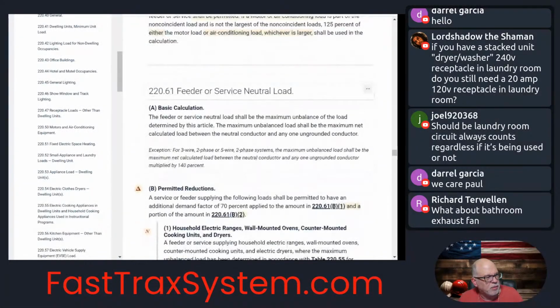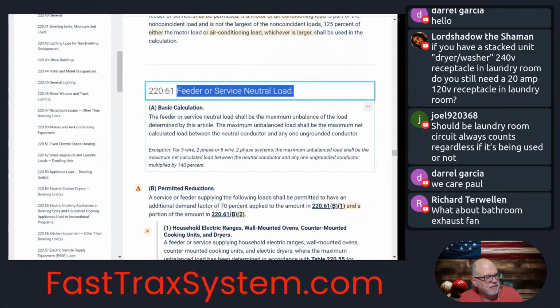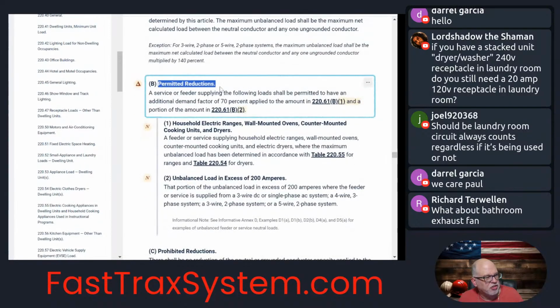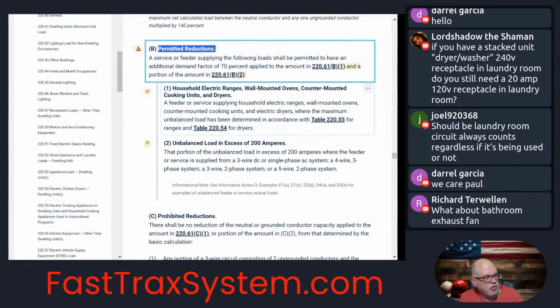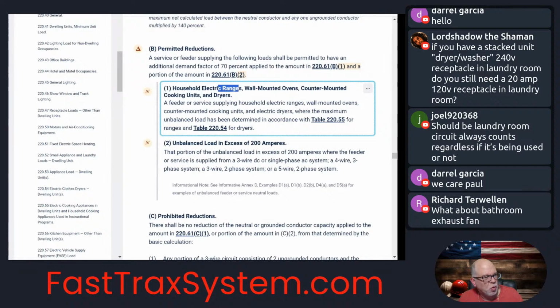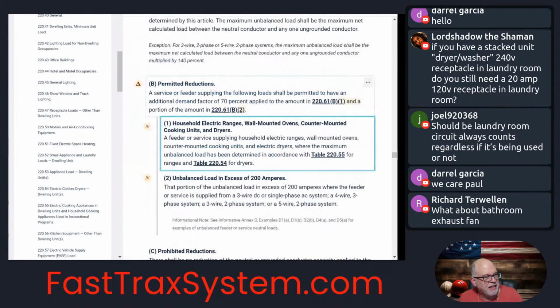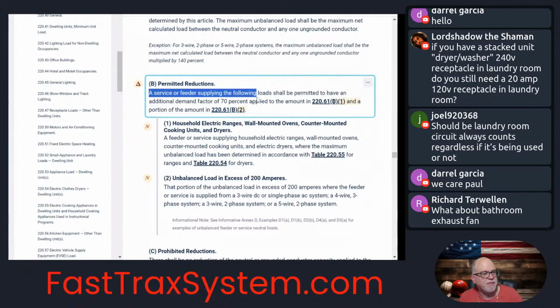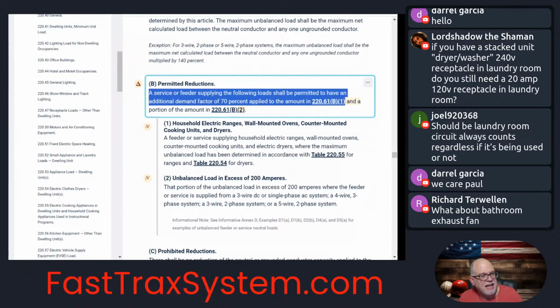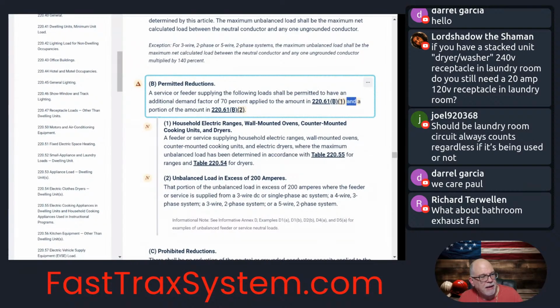So here we're dealing with the feeder or service neutral load, right? Here's B, permitted reductions, and here you see for the dryer, for ranges, wall-mounted ovens, counter-mounted cooking. It says, up at the beginning, a service or feeder supplying the following loads shall be permitted to have an additional demand factor of 70% applied to the amount in 220.61(B)(1) and a portion of the amount in 220.61(B)(2).